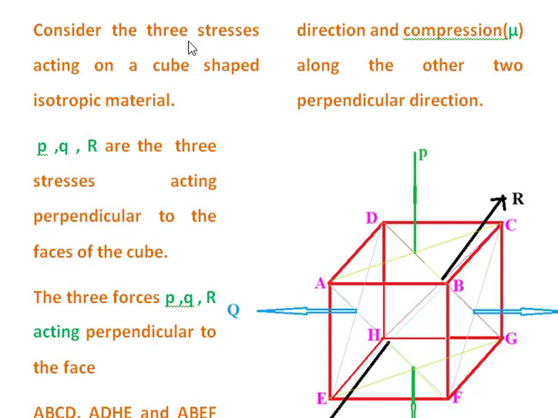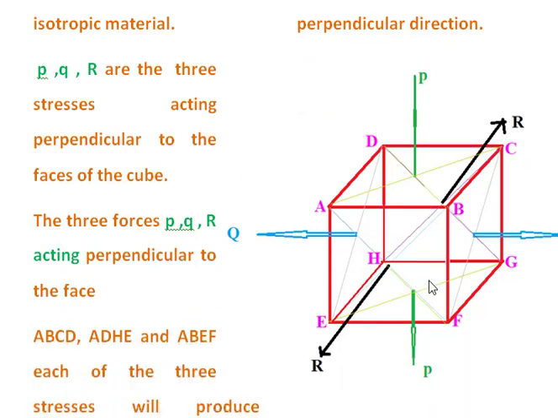Now we are applying three forces, P, Q, R. P is one force, Q is another force, and R is another force. We are applying three stresses on this isotropic cubic material. The three stresses act perpendicular to the faces of the cube. Which one is a face? A, B, C, D is one face.